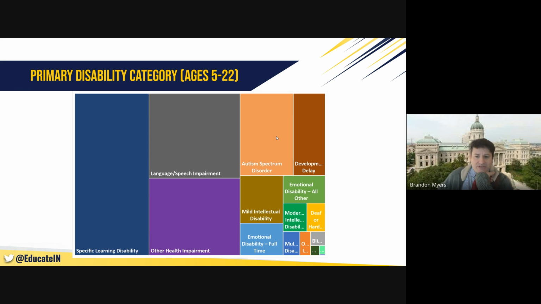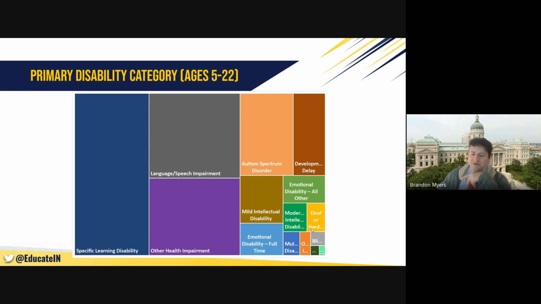Then autism spectrum disorder, mild intellectual disability, our emotional disability categories. You kind of need to combine these in a way, but I wanted to keep them separate because it does show those students who are needing full-time services and those that are needing part-time. And then developmental delay.